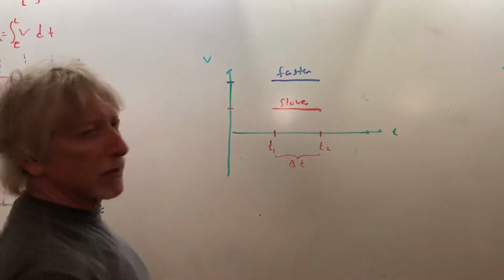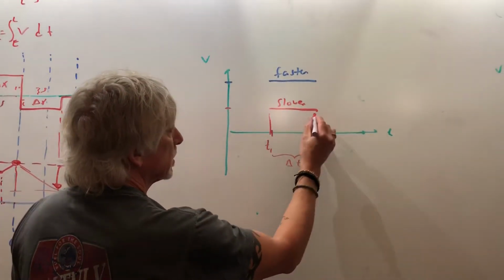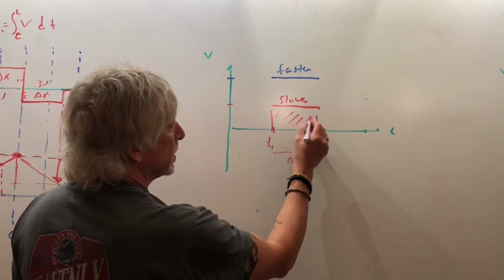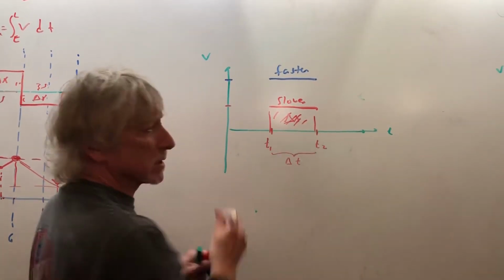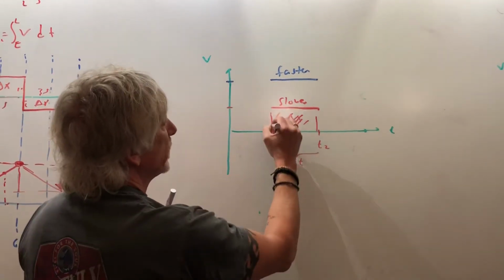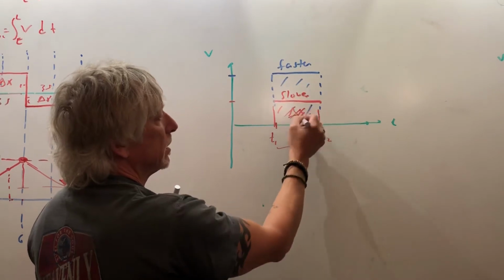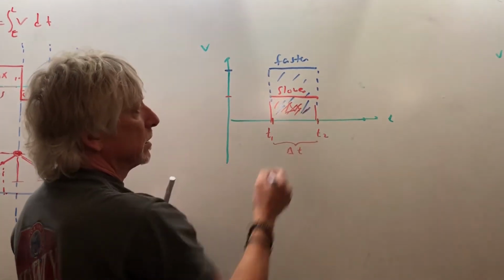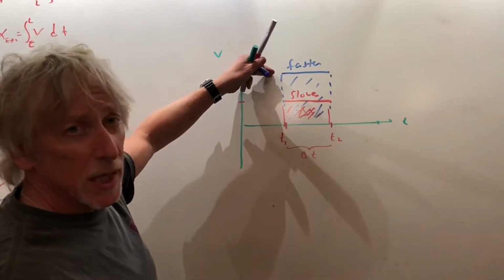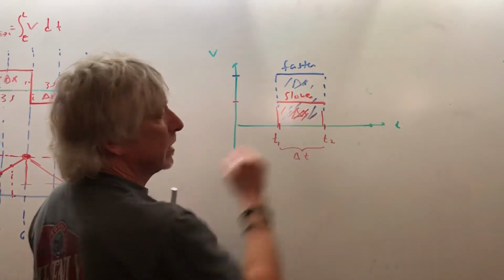How do I see that I've gone farther? Well, as we said, graphical area. This is my delta x going slower, and notice that when I go faster, this increases the graphical area, which is to say it increases my displacement delta x, the entire area.